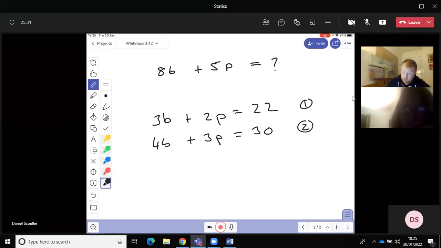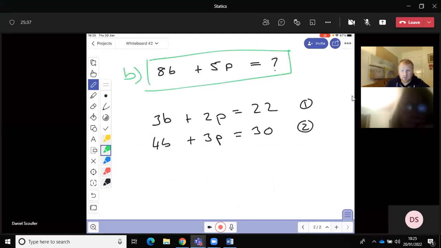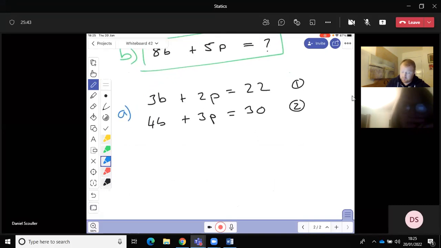That's the 2 equations. So ignore that one, that one we use in part B. Is that the 2 equations you got? Yes. So let's have a wee look.